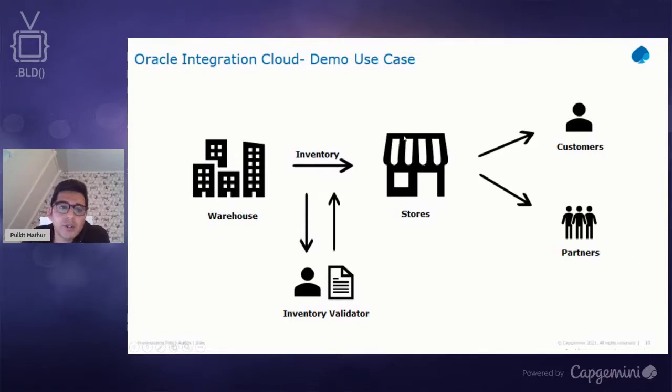Now, this is an immediate business problem that the store wants to solve. It wants to use OIC to do its inventory management in a nicer way without any mistakes, so that it does not lose sales to customers.